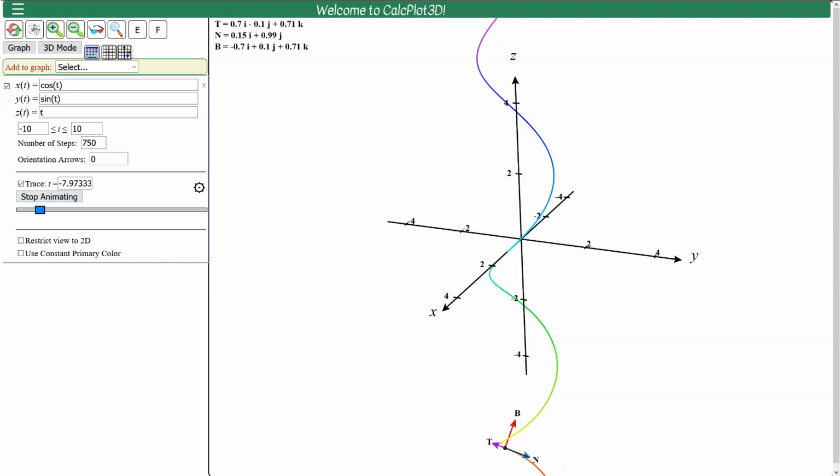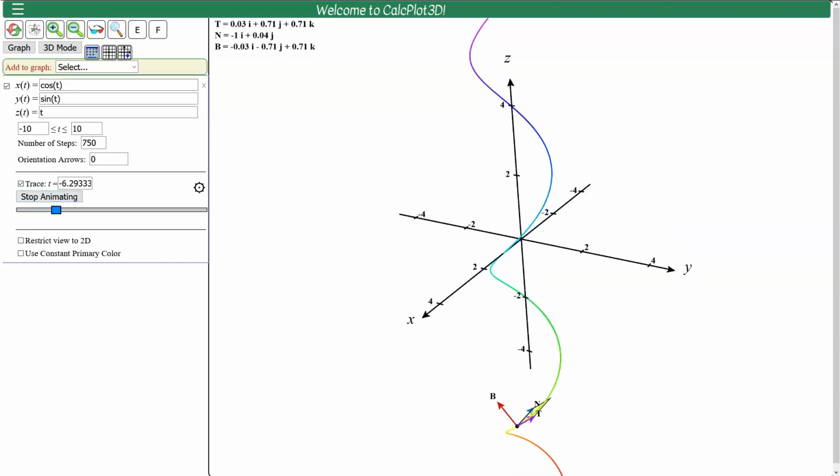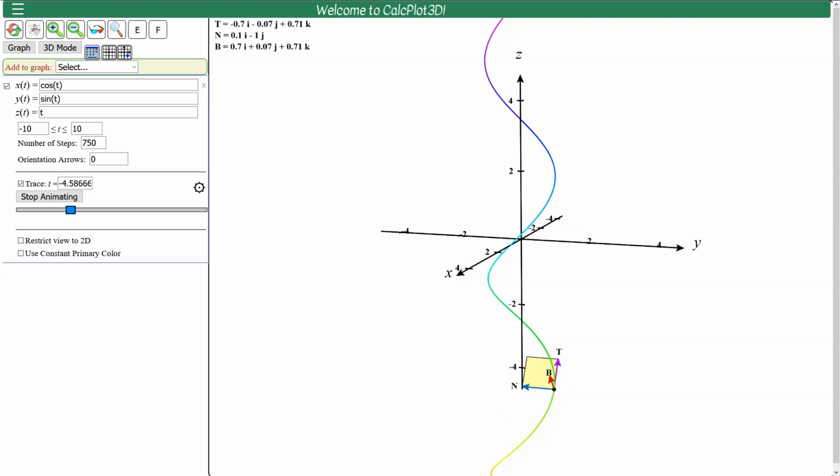So that's the plane spanned by T and N, the best plane that the curve lies in close to a point. Okay, so that's what it looks like.